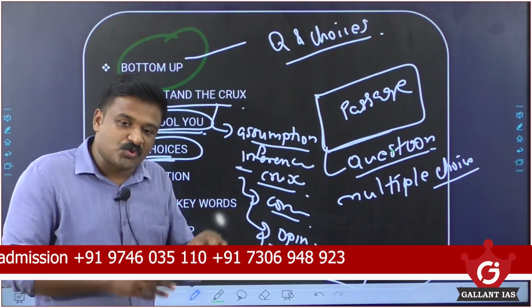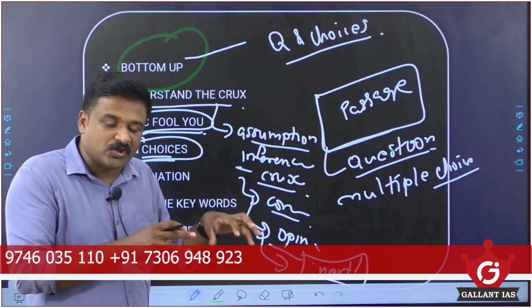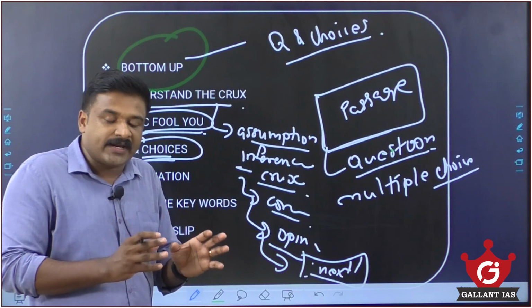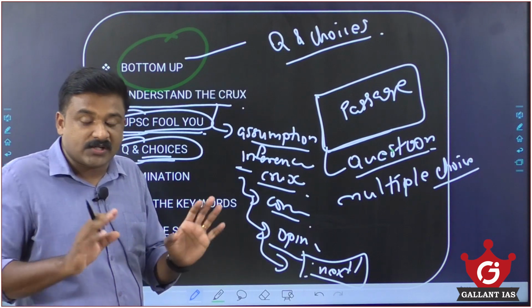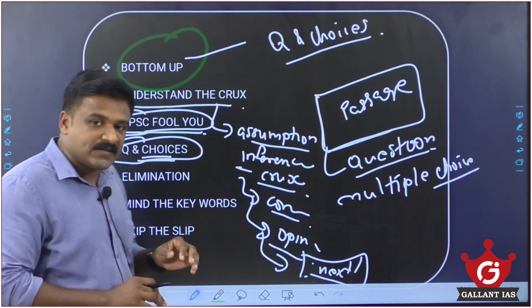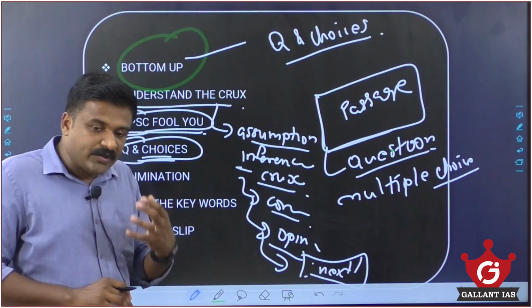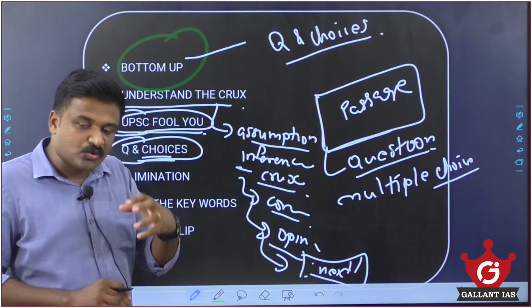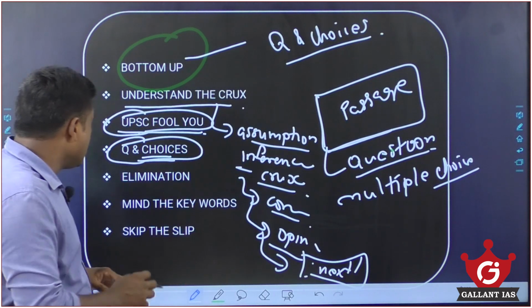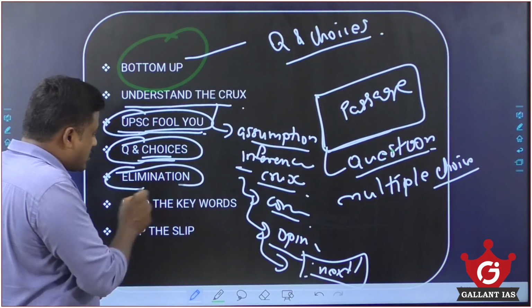It is not wise to stick to a passage which is very difficult for you to understand, or to understand its central idea, and still try to answer questions. That is a foolish idea because negative marks are there. So focus on question and choices and read the passage, and if you understood the meaning of the passage and are able to answer the question, then you do. Otherwise, skip the passage, skip the question. Now, elimination, this is the game changer here.